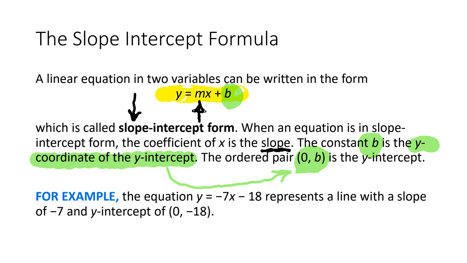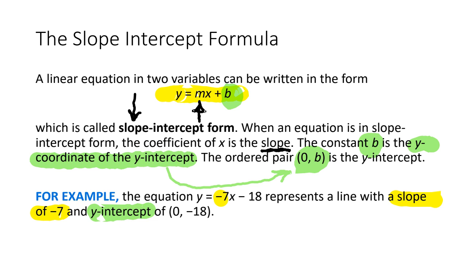Now, let's look at this example. I have the equation y equals, and notice it's got to start with y equals. What's in front of x? Well, if we look real closely, -7 is our slope. Now, be careful. The b is our y-intercept, and notice how it's written.